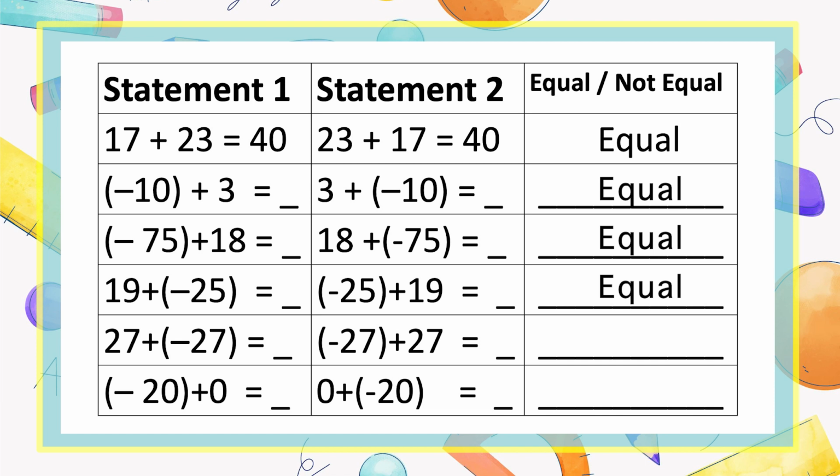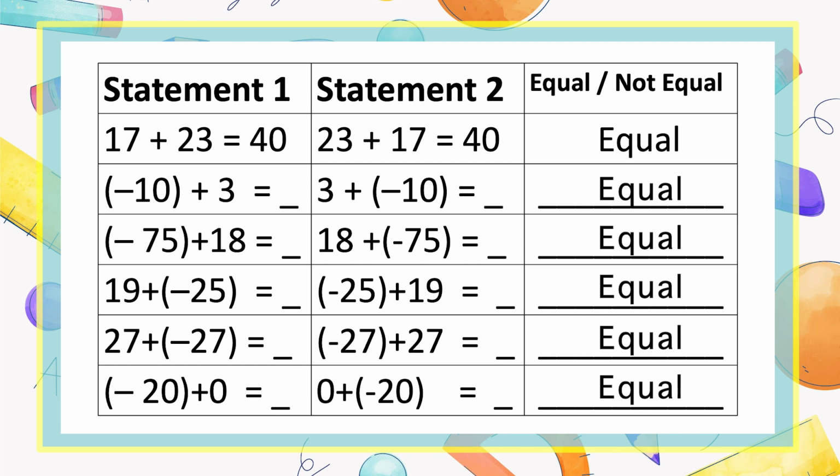Yes, they will be equal, because both will be minus 6. 27 plus minus 27 or minus 27 plus 27, you know very well they are 0 and both are equal. Minus 20 plus 0 or 0 plus minus 20, yes, they are equal, because both are minus 20.